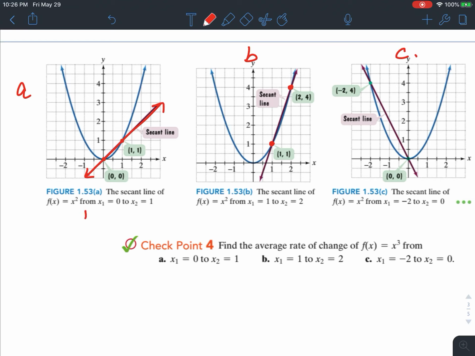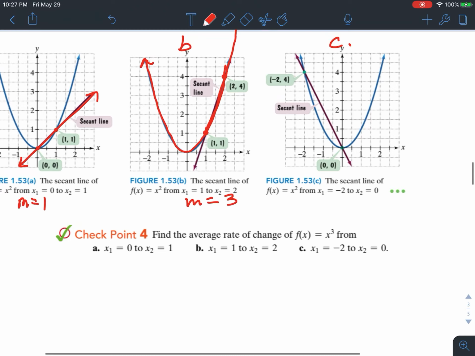Because here the slope was 1, and here the slope was 3. Because as you travel along the x squared graph, you get steeper. And so as you keep going to the right, this is getting steeper and steeper, and that means the slope is changing and the slope is getting bigger.